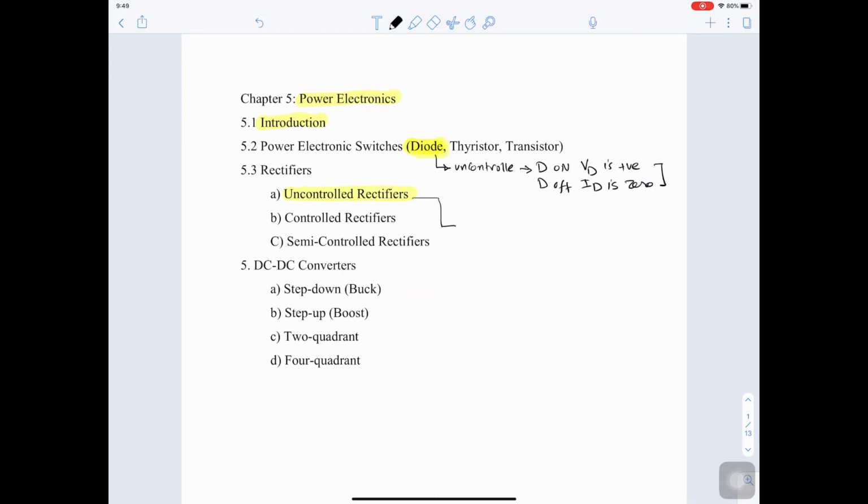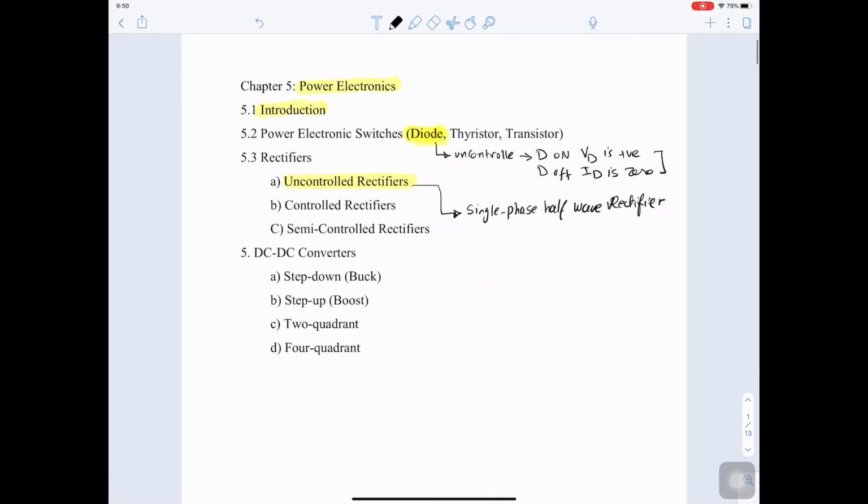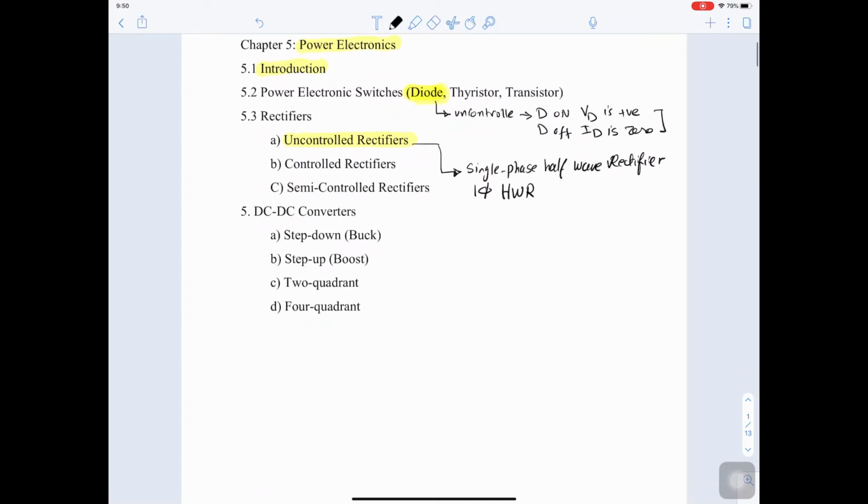For uncontrolled rectifiers, we studied the single phase half wave rectifier, and for the single phase half wave rectifier, we studied an R load.